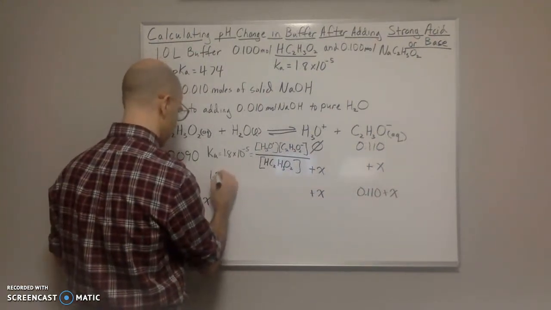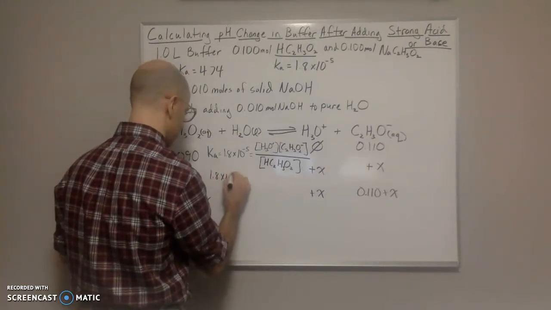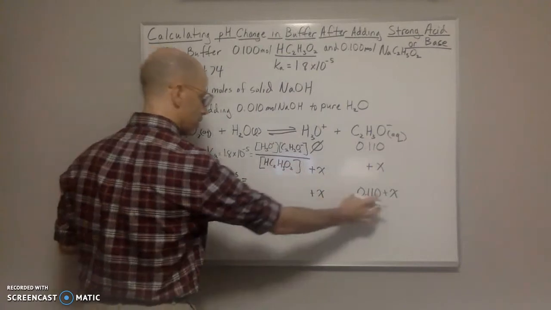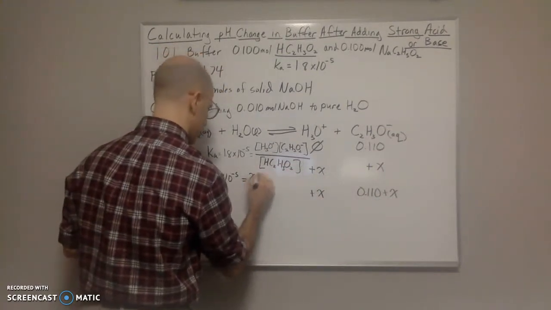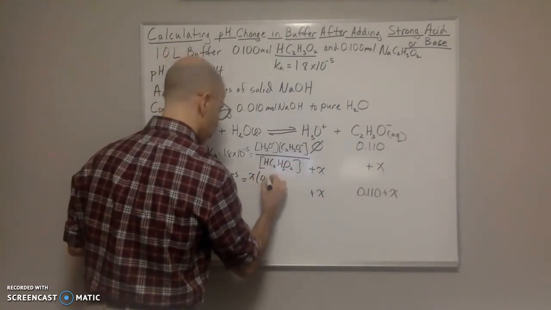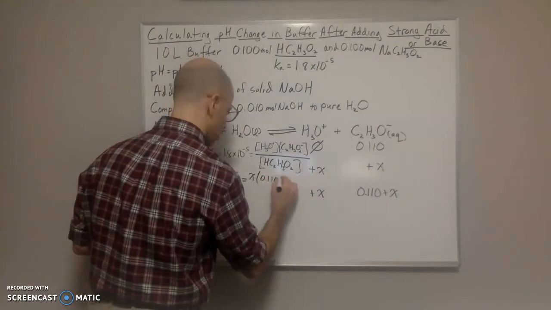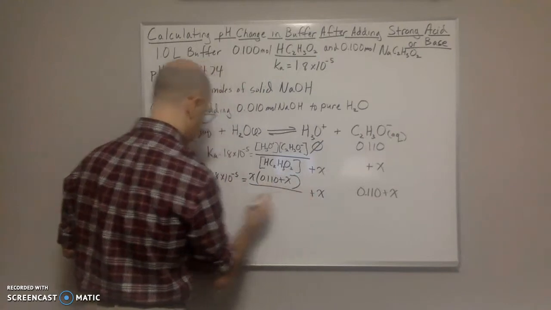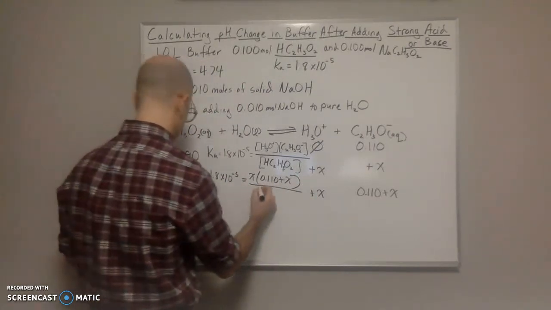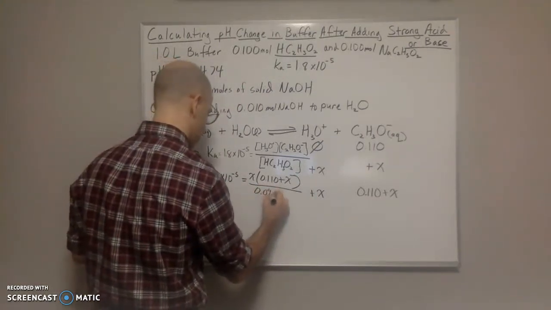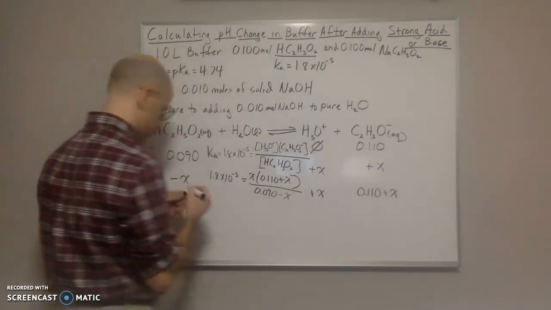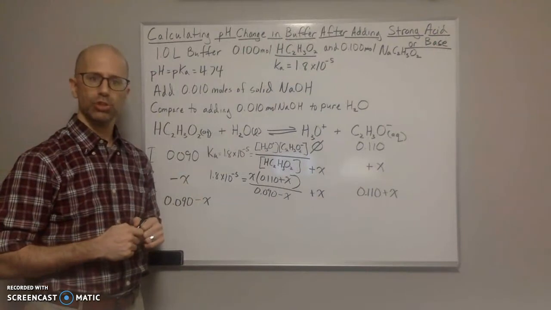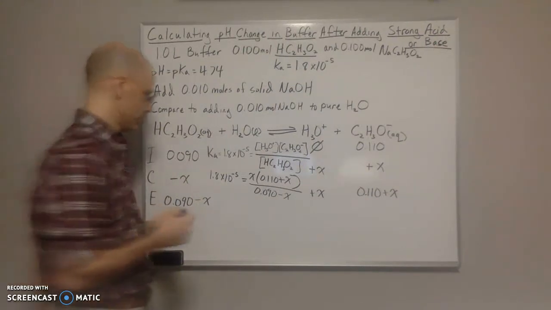So 1.8 times 10 to the negative 5 is going to be equal to, these two are multiplied together, x times 0.110 plus x over this here, that's going to be 0.090 minus x. And then we can do our x is too small approximation.